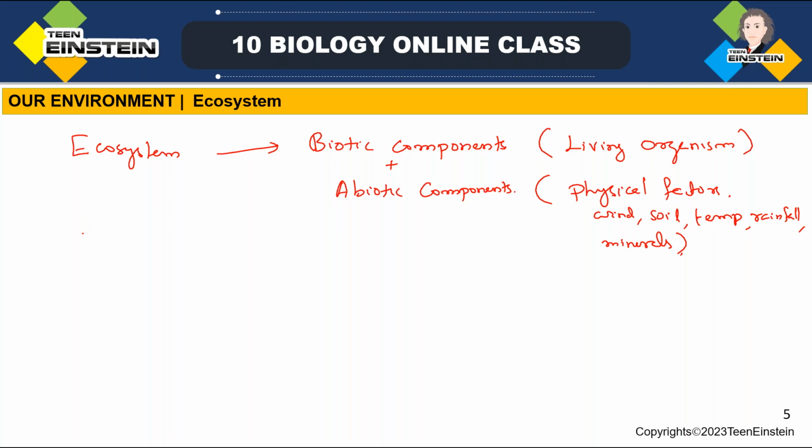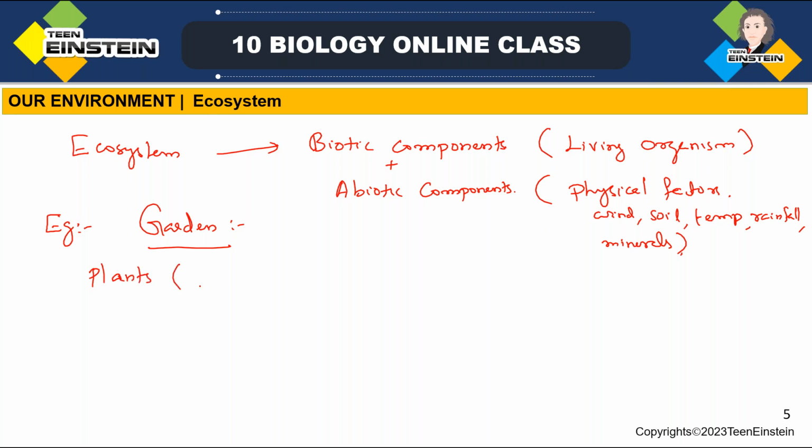See, with a simple example, I can explain this. We are sitting in a garden. These are common things in your day-to-day life. If you're sitting in your garden, what all can you see around you? You can see plants.